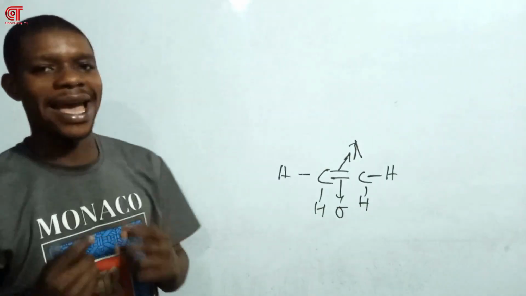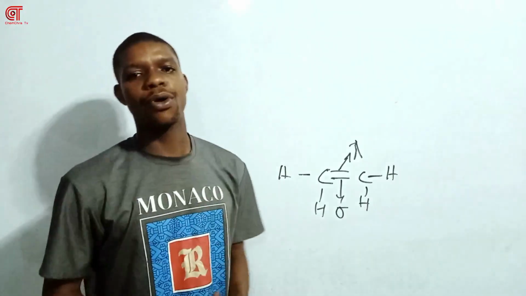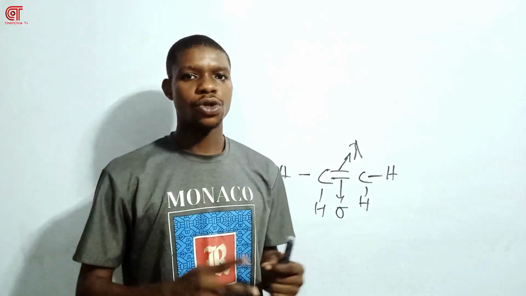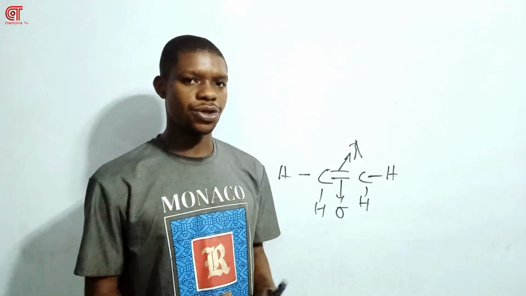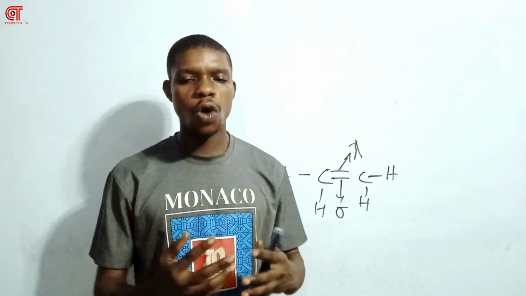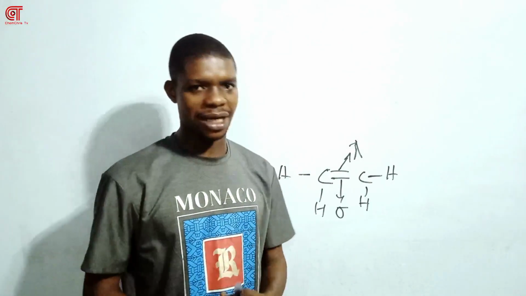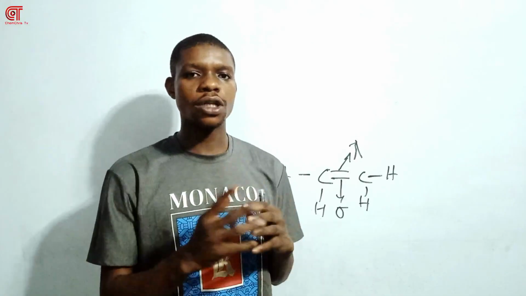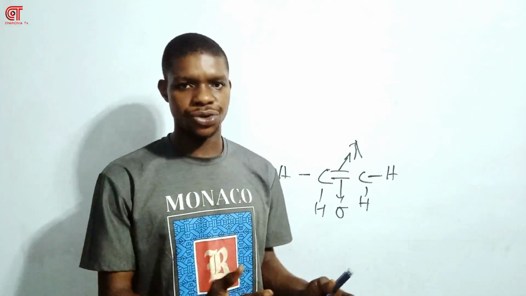Now in the sp2 hybridization, carbon makes use of one of the s and two of the p in bond formation. Therefore, they are called unsaturated hybrid orbitals, because not all four valence electrons of carbon are used.